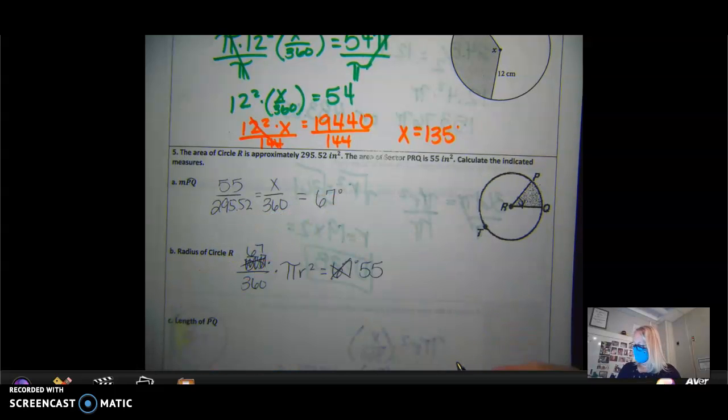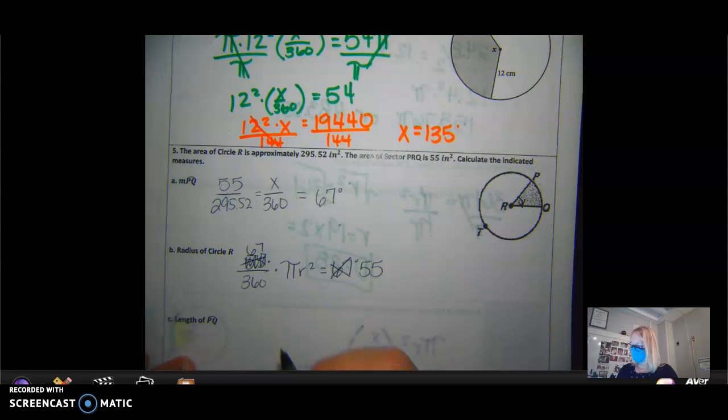When I do that, I do it like I did last time. I'm going to divide by pi. 55 divided by pi. I'm going to leave all this in my calculator because they're going to give me some messed up decimals. Then I am going to multiply by 360, but then divide by 67.